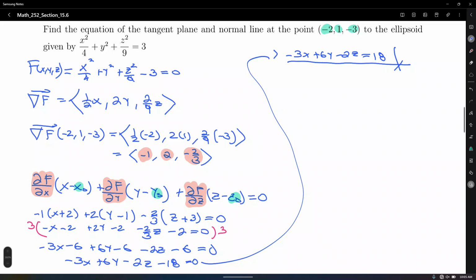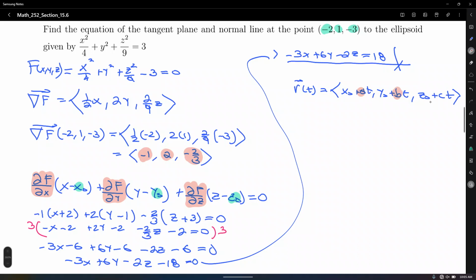So that's why we can easily write R of t equals x naught plus at, y naught plus bt, and z naught plus ct. Again, where do we get those a, b, and c's?